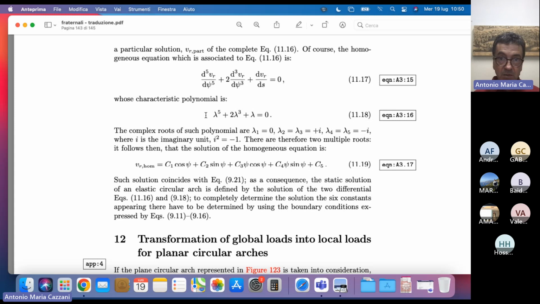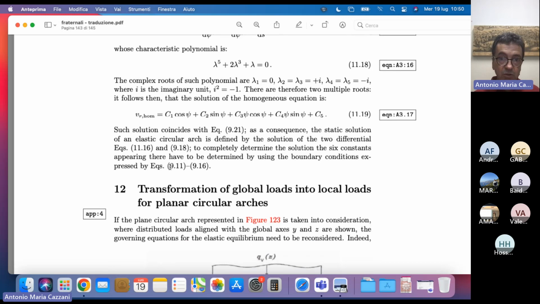So replacing into the expression of the exponential and taking a combination of these, we see that the relevant solution is of this kind: C1 cosine of psi plus C2 sine of psi plus C3 psi cosine psi plus C4 psi sine psi plus C5, where of course the term psi multiplied by the trigonometric function is a requirement because there are multiple roots.